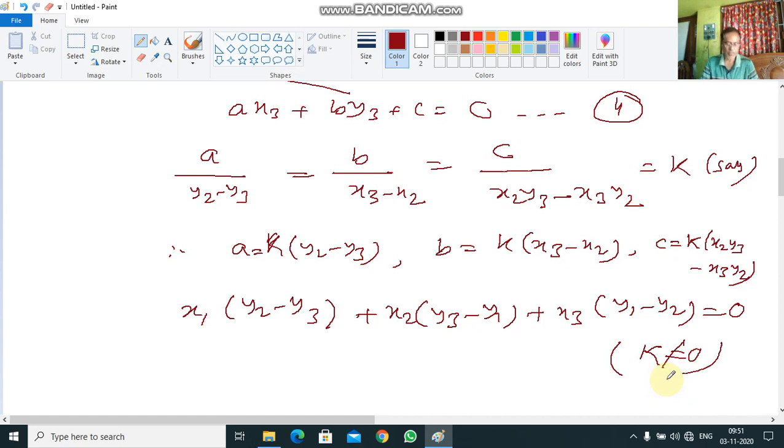Hence it is evident that any 3 points taken on the locus of equation 1 are collinear. Therefore equation 1 represents the equation of a straight line. Hence every linear equation in x and y always represents a straight line on a plane.